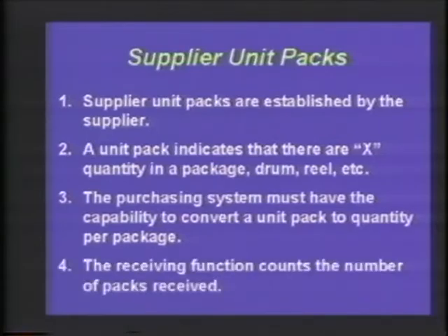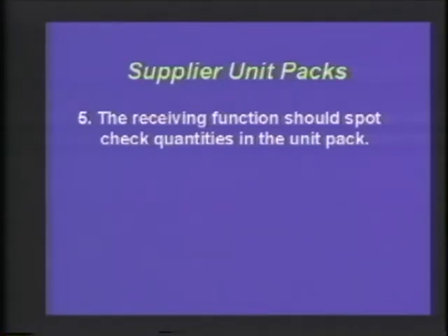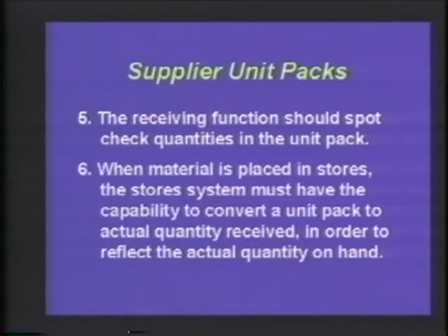And fourth, we have the receiving function should count the number of packs received. Also receiving should spot check the quantities in each unit pack. And sixth, when material is placed in stores, the store system must have the capability to convert the unit pack to actual quantity received in order to reflect the actual quantity, what I refer to as bin on hand.